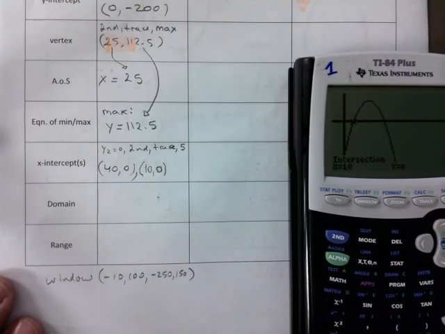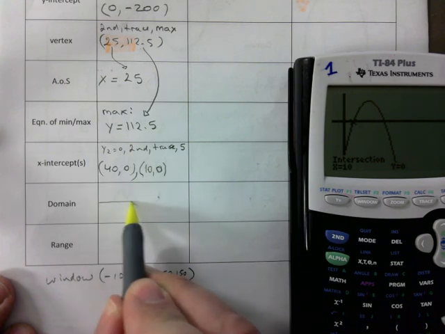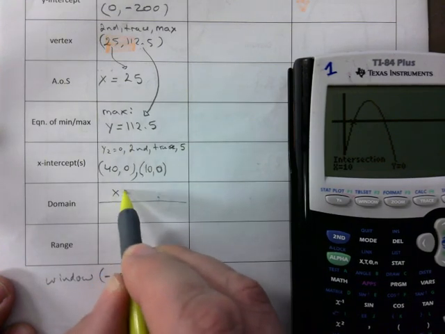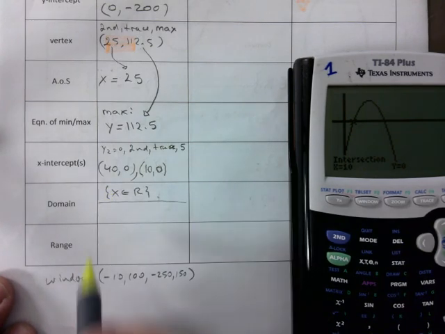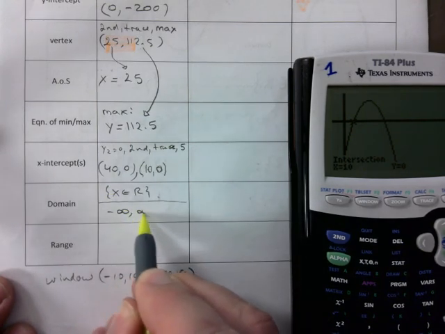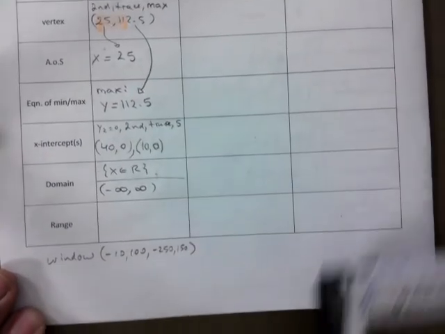So then I have my domain and range. So my domain, let's do it in two formats. X would be all the real numbers because there's no word problem attached to it, or negative infinity to infinity.